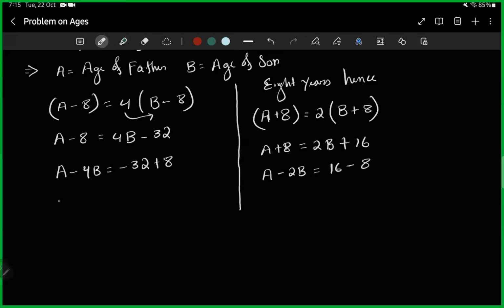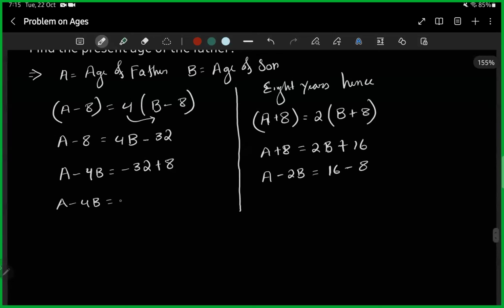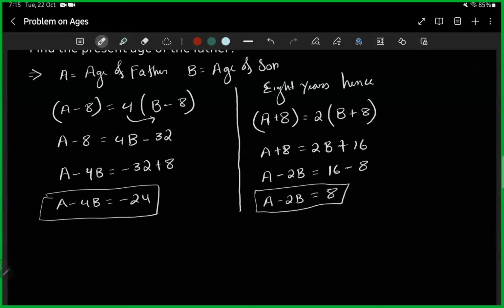So this is A minus 4B equals minus 32 plus 8, which is minus 24, and this is A minus 2B equals 16 minus 8, which is 8. Consider these as equation 1 and equation 2. So now we have to subtract equation 2. I'll just write it here.